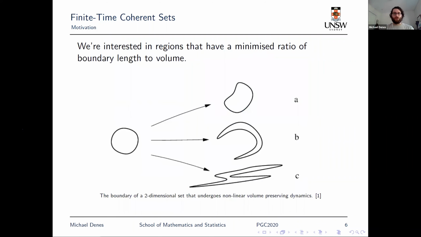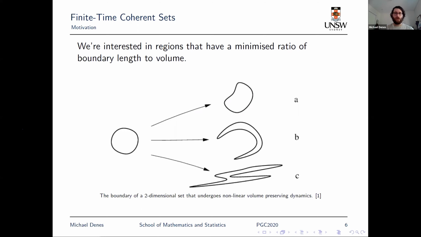That leads me to the underlying mathematics that we need to use in order to identify these eddies. There's a whole range of different methods or techniques, but the technique that I use was developed by my supervisor, and it uses the theory of finite time coherent sets.